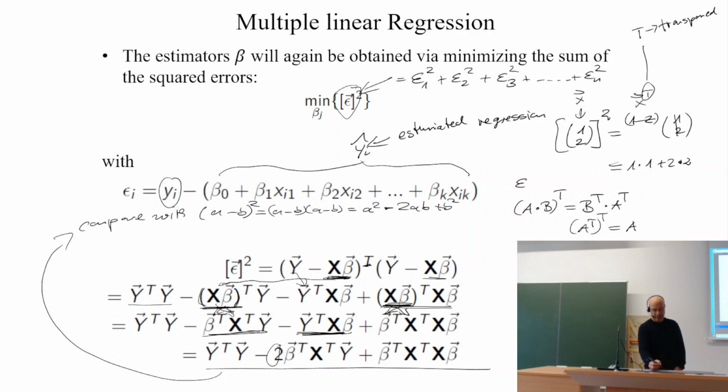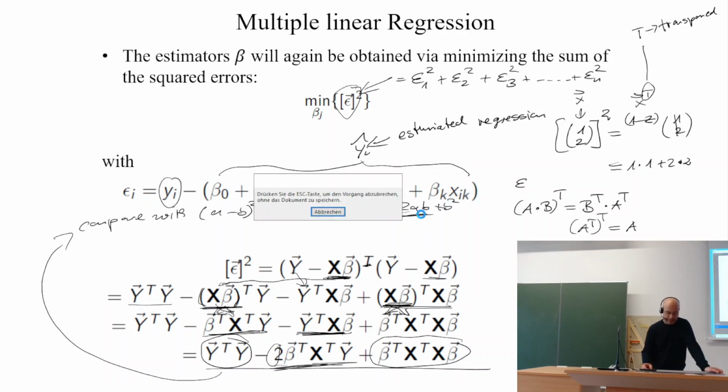And the only difference is that now we have here, so to speak, a general square of our y, and here a general square of beta x. And this is then the mixed term 2ab in between.